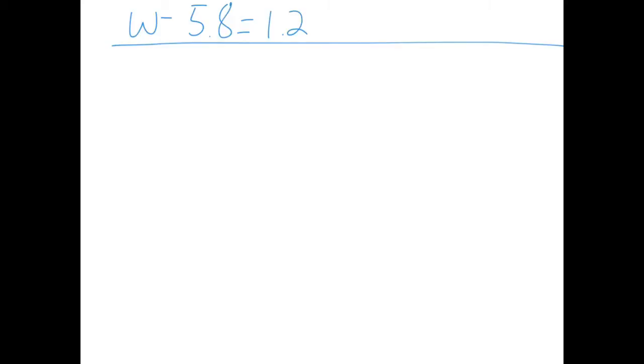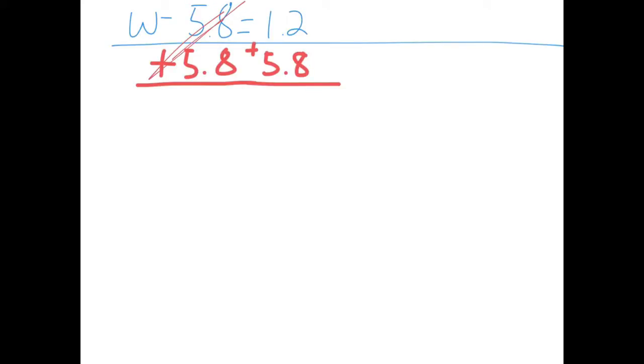To do this problem, you would have to use the inverse property of addition. So, to this, you would add plus 5.8 to both places. And then you don't really need this part over here, so you can just mark that out.